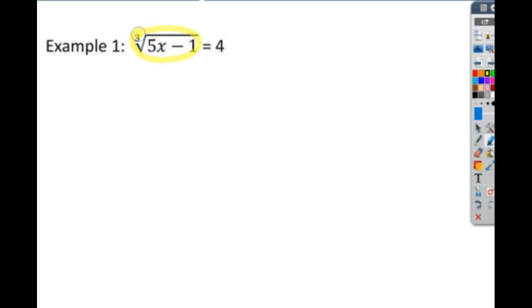That means this needs to be by itself on one side of the equal sign. Is the radical by itself on one side of the equal sign? On this problem it is. So then what is the next step? Raise it. This time we're not going to raise it to the second power.